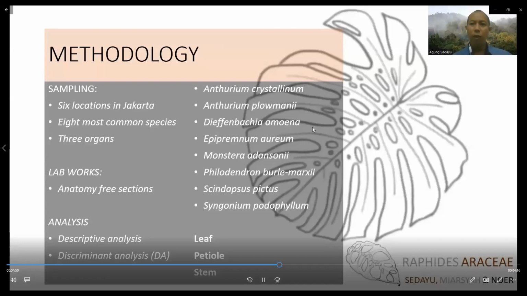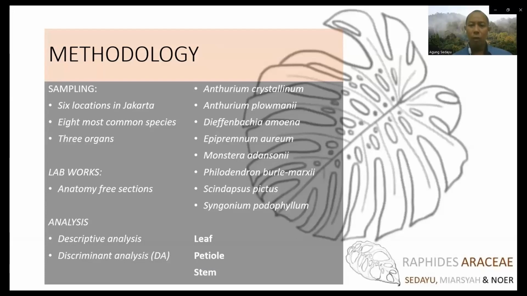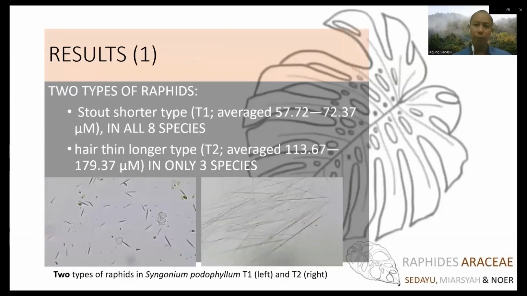We surveyed in each of the 8 species the leaf, the petiole, and the stem, and we recorded the raphids deposited in those organs. We did anatomical sectioning in the lab, and the results are described in descriptive analysis and also discriminant analysis.